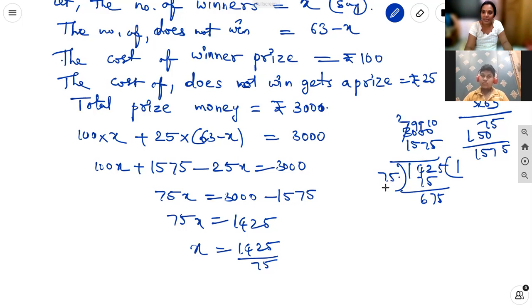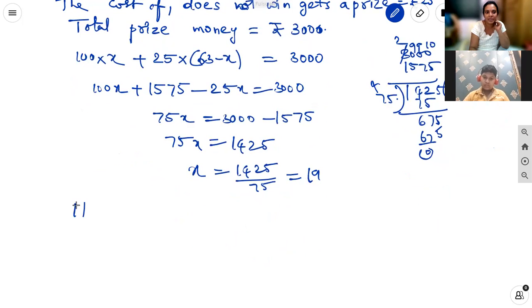Okay. 75 5s are 375. 6 7s are 42, 9 5s are 45, and so on. So x equals 19. Therefore, the number of winners equals 19.